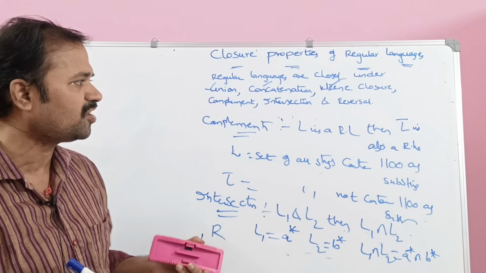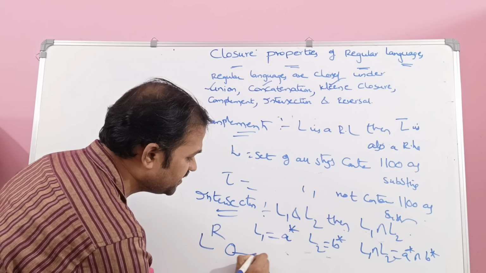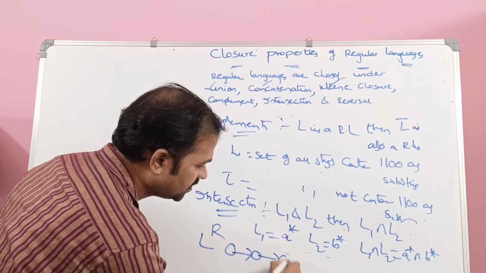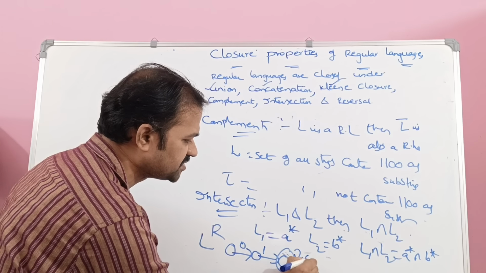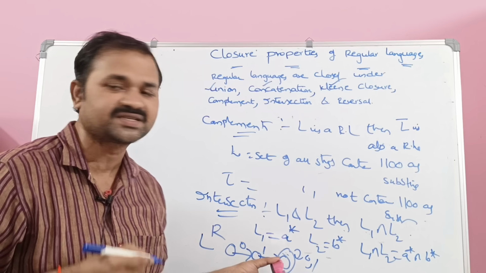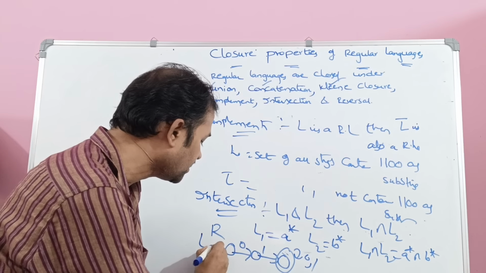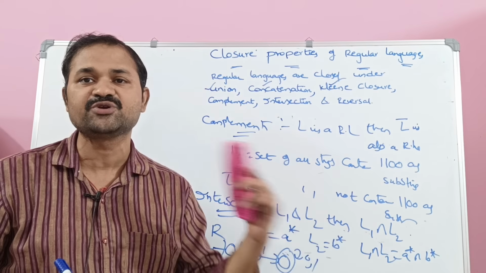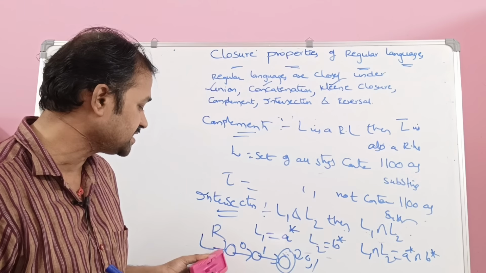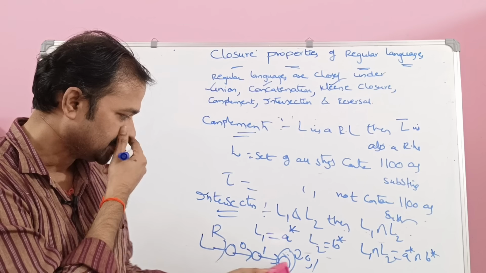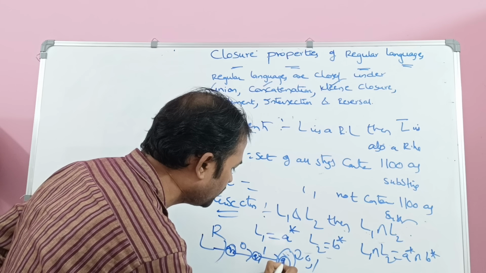Here for reversal, let us take a finite automata and apply some input symbols. Reversal of this finite automata means change the initial state into the final state and the final state into the initial state, and reverse the directions. Let the states be Q0, Q1, Q2.